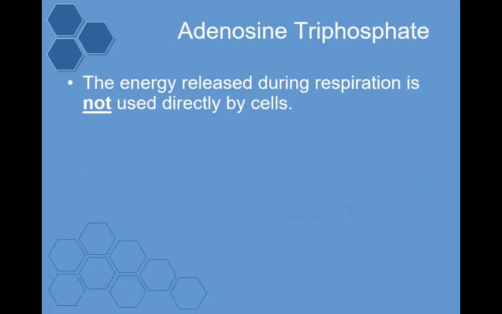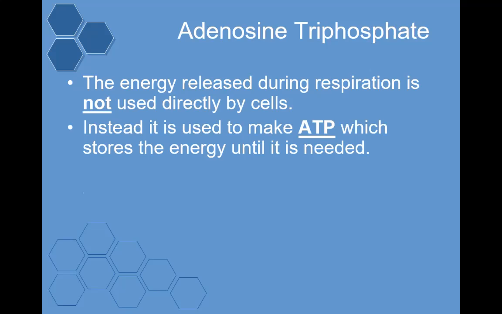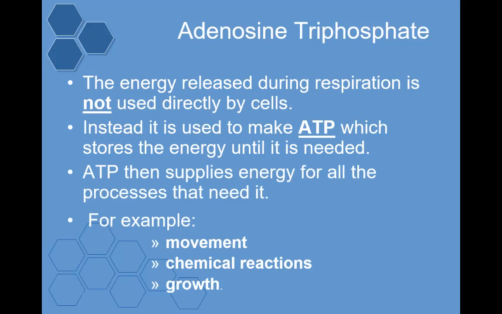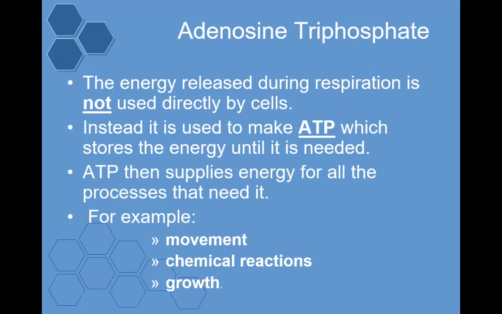So the energy released during respiration, which we'll talk about on Friday, is not used directly by the cells. Okay. We're going to take the energy from our food and use it to instead make ATP, which your body then stores until it actually needs it. The ATP then supplies the energy for all the processes that we need for life. Some key processes we use include movement.